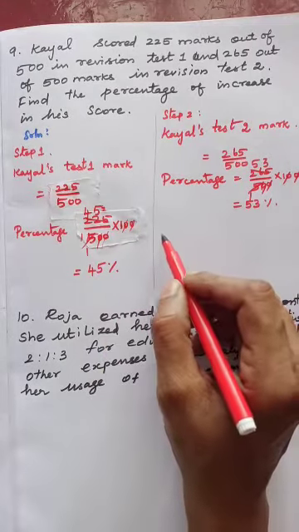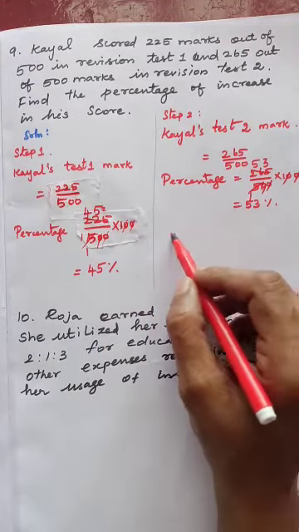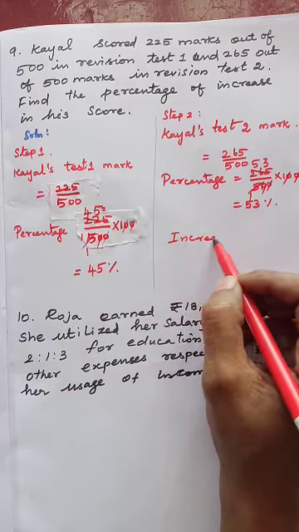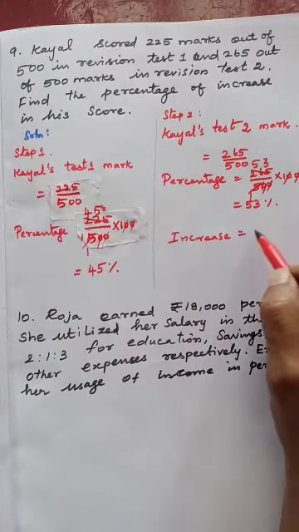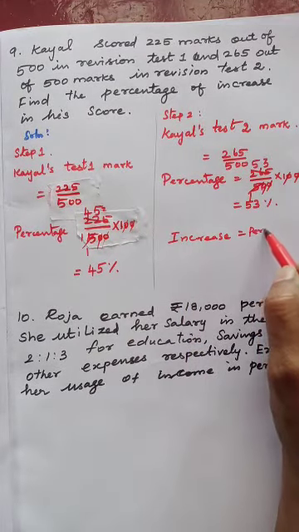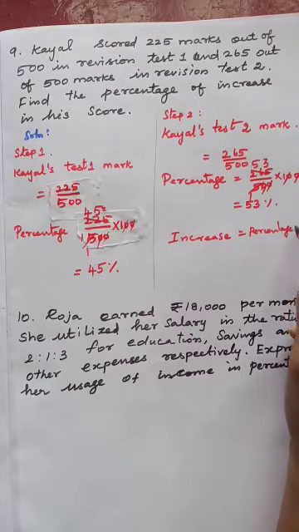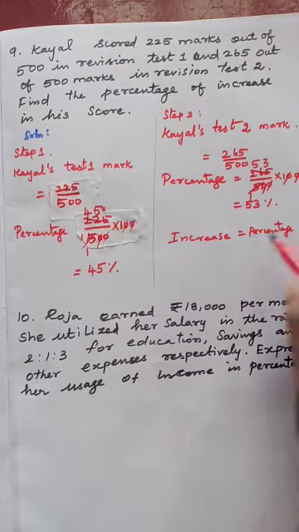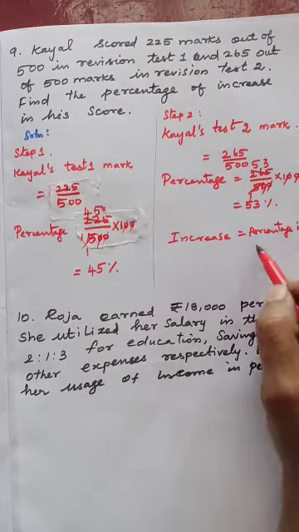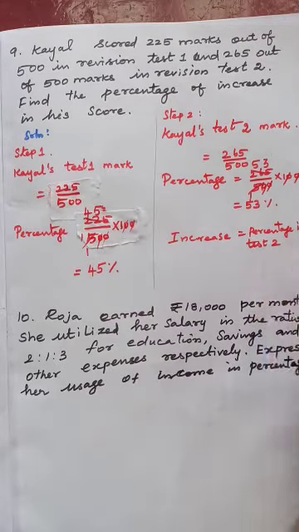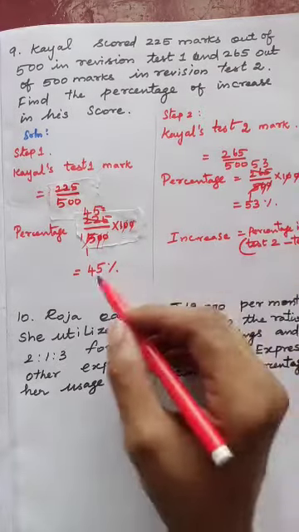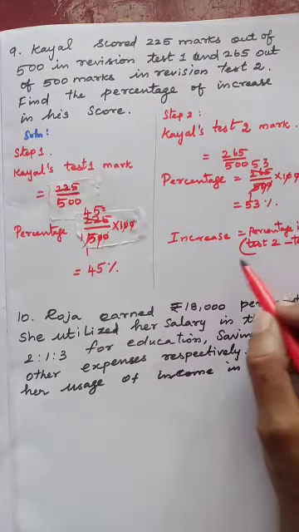Now the increase is equal to percentage in test 2 minus test 1, because test 2 is greater than test 1. So you have to subtract these two.